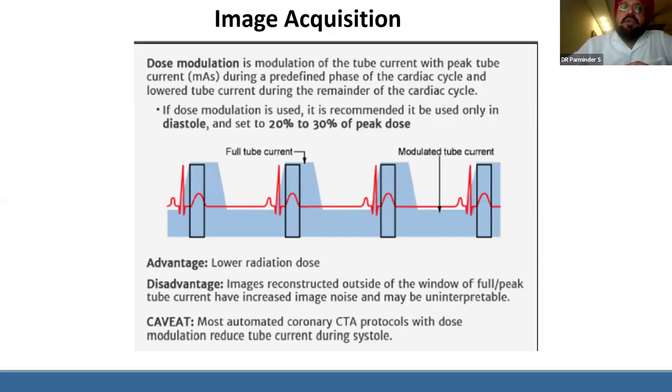CT coronary angio is a snapshot during the diastole. So what they usually do is they modulate the tube current during systole, which is just the reverse of what we want in TAVI CT. For coronary CT angios, it's fine if we modulate the current during systole, but for TAVI CT, we need full tube current during systole to get good images.